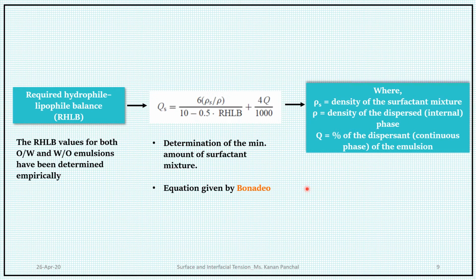So if you are dealing with oil in water types of emulsion, oil becomes the dispersed phase. And if you're dealing with water in oil type of emulsions, water becomes the dispersed phase. So density of that. And Q is nothing but the percent of the dispersant, that is the continuous phase in an emulsion. So by this, you can determine the minimum amount of surfactant which will be required to stabilize that formulation.